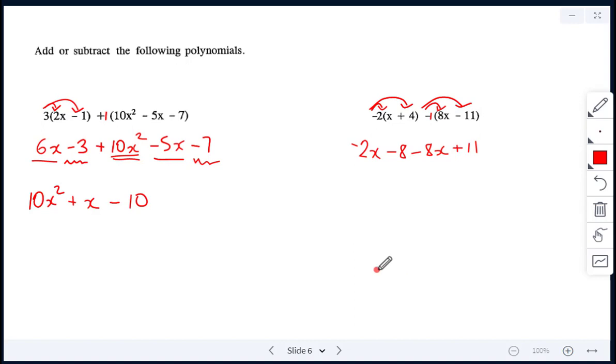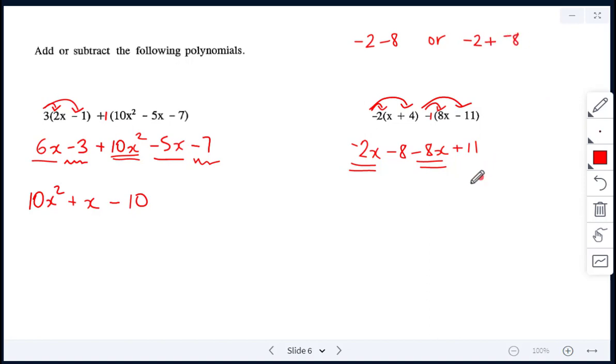All right, so first step, this is what you should end up with: negative 2x minus 8 minus 8x plus 11. Now we can go ahead and collect like terms. So the negative 2x and the negative 8x are going to get collected together. When we have negative 2 minus 8, that's the same thing as negative 2 plus negative 8.